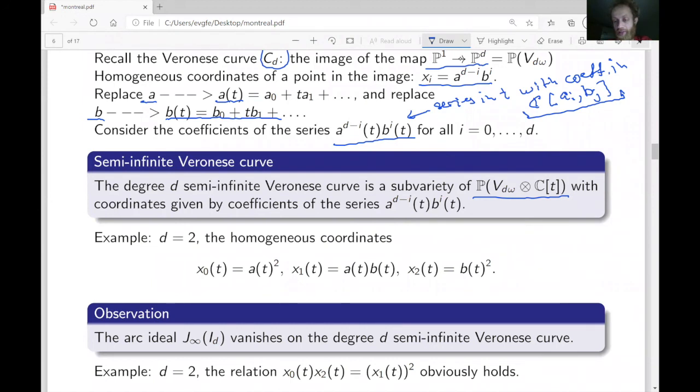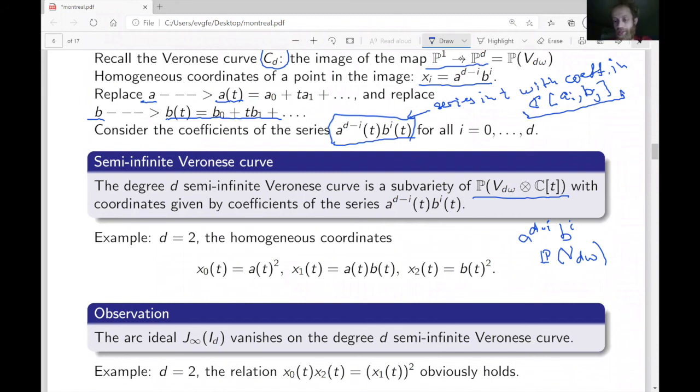Before, we had A to the d minus i, B to the i, and these were homogeneous coordinates in P of V d omega. And now each of these becomes a series like this.